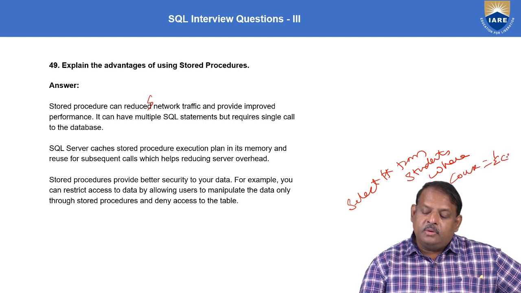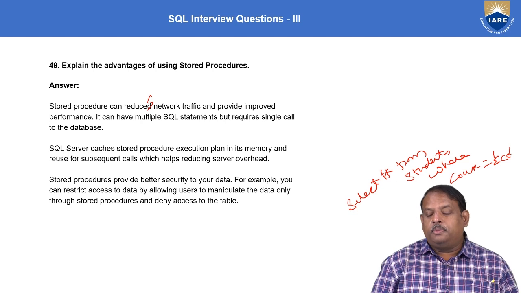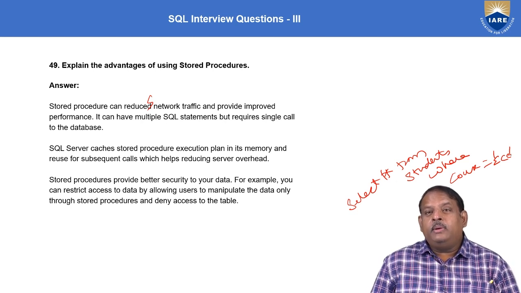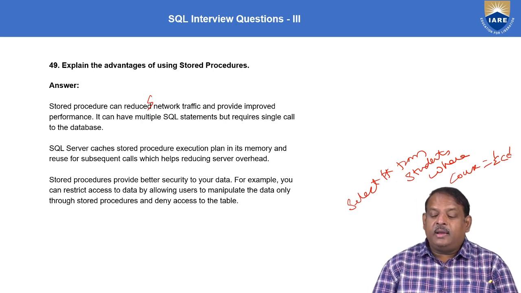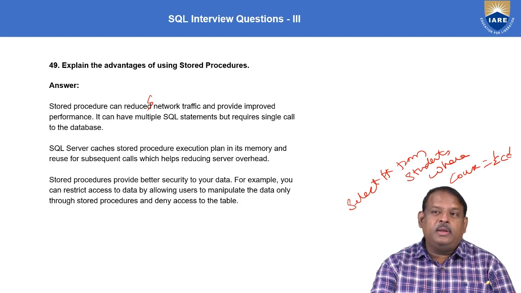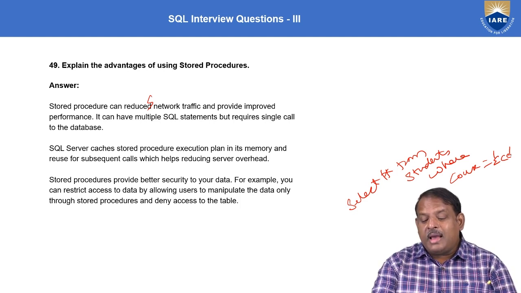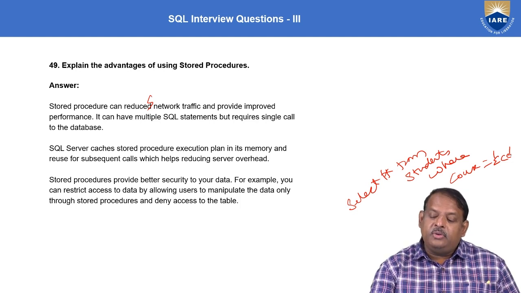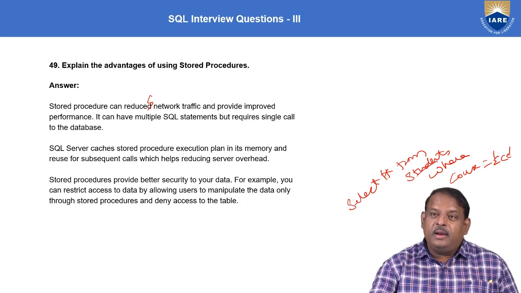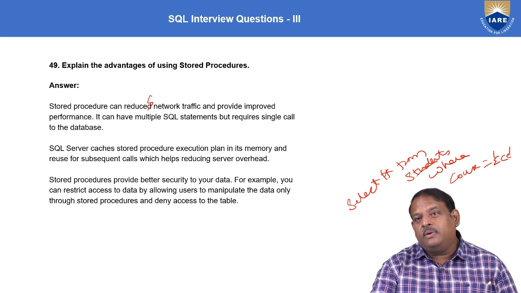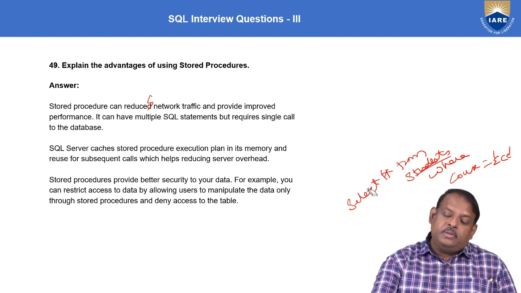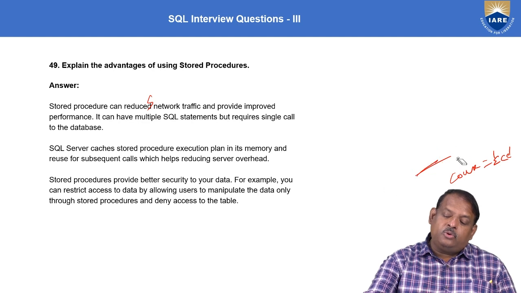If I give access to the stored procedure, the user can only see the data in the ECE department. He cannot see CSC or another branch. But if you give access to the table directly, he can see the entire data, and also update and insert, whatever he wants. So this is how security is implemented with stored procedures.